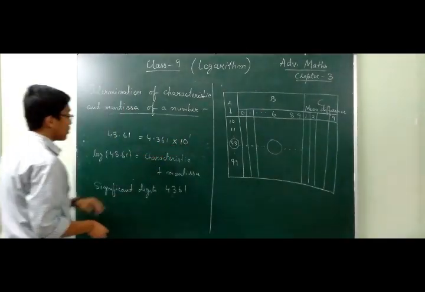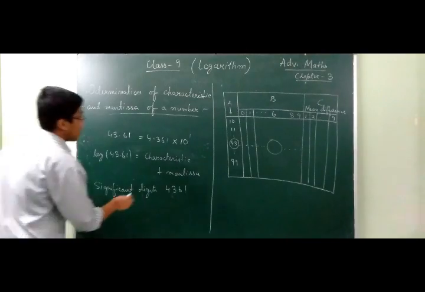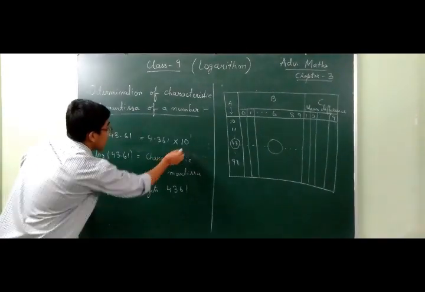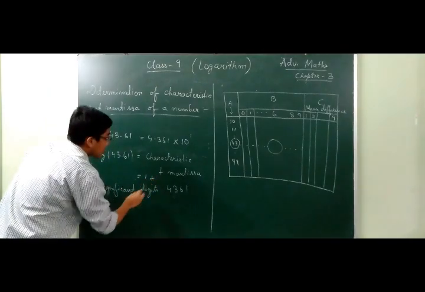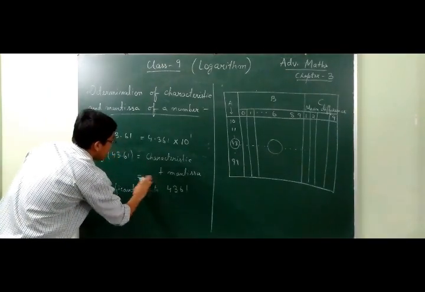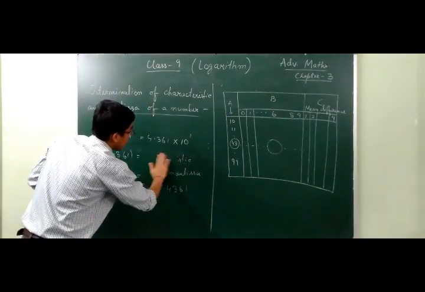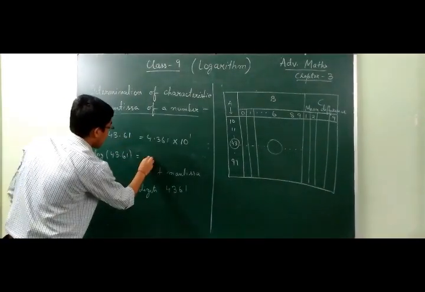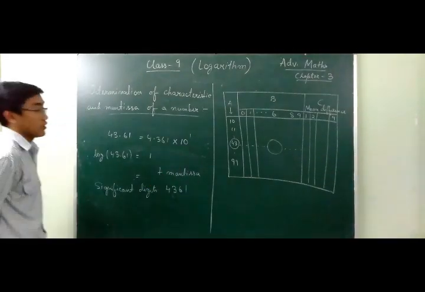So the characteristic of this number will be 1. So I can write here 1 plus the mantissa.